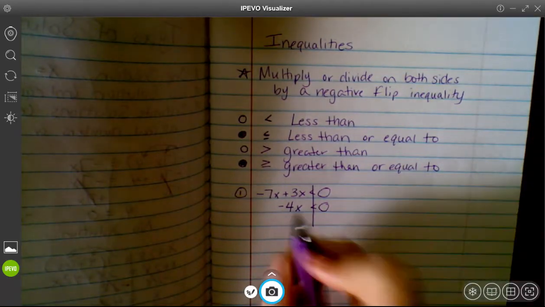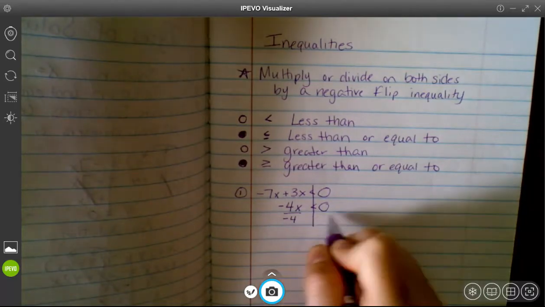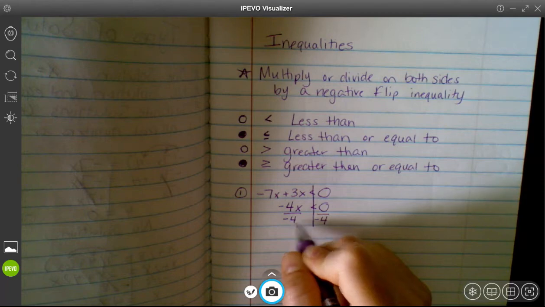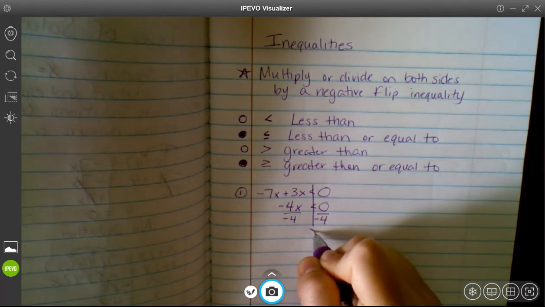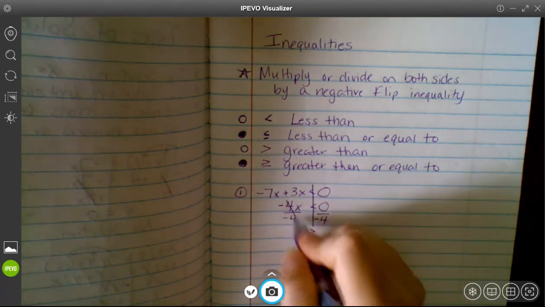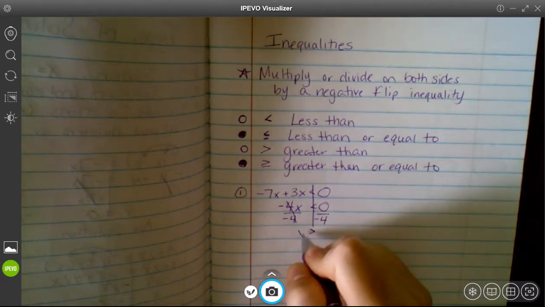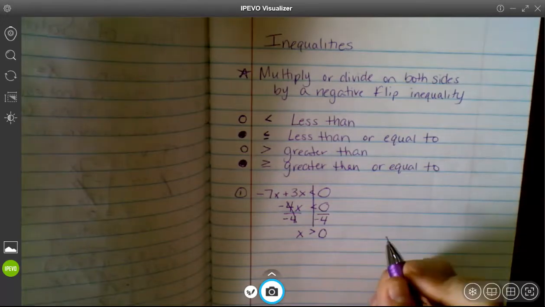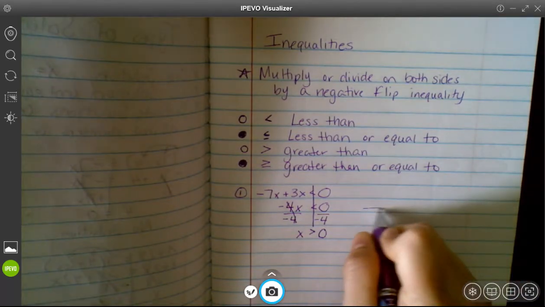Okay, so now I'm going to divide by negative 4. I divided both sides by a negative, so that means I flip my inequality. These cancel like they normally would. So 0 divided by negative 4 is 0. So let's come over here and let's graph that.